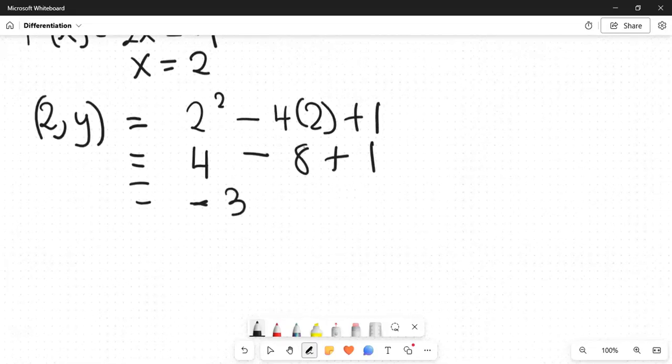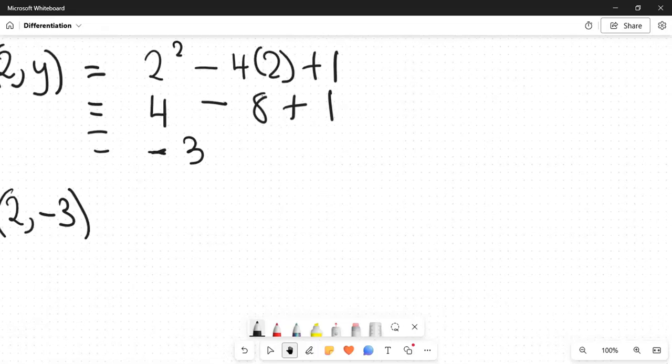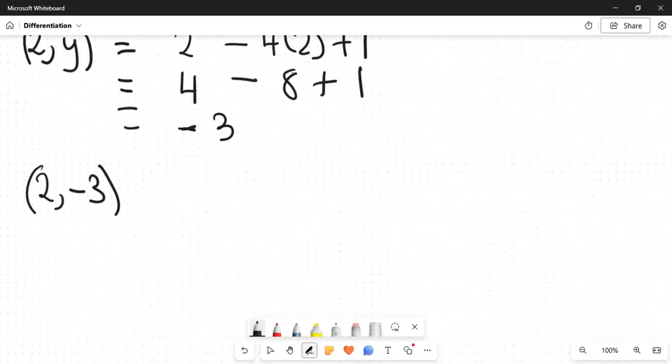So the turning point is (2, negative 3). Now, you can also be asked in a test to describe the nature of this turning point.